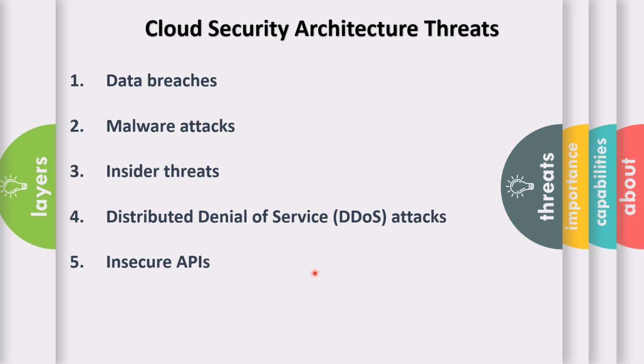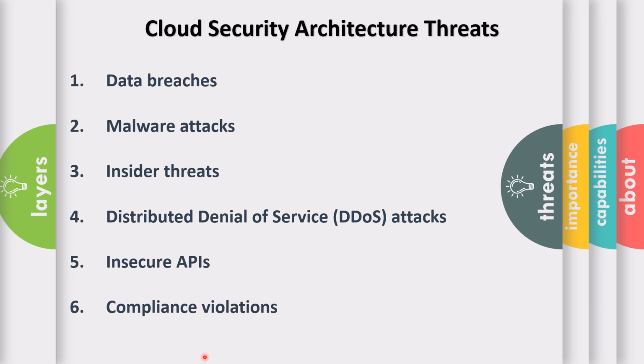So how to protect it? You can secure APIs by using encryption, requiring authentication for API access, and implementing regular security tests to check for vulnerabilities.